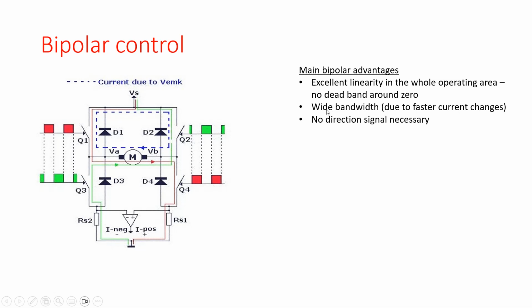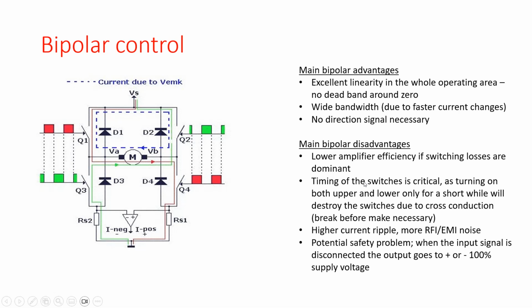We also have a wide bandwidth because the current changes are very fast, and we don't need a direction signal, because by putting the inverted PWM to the opposite MOSFETs, we can use the PWM signal not only for changing the average voltage across the motor, but also for changing the direction of the motor when we are lower or higher than 50% PWM. The main disadvantages are that we have higher switching losses.